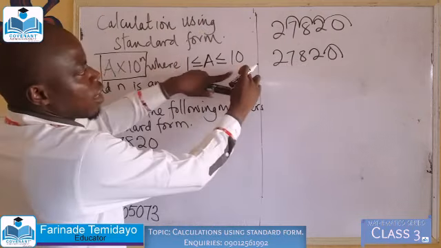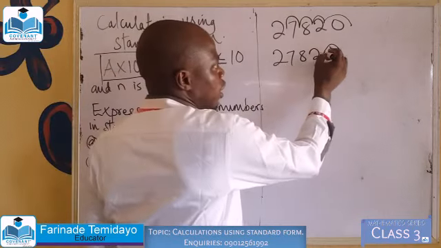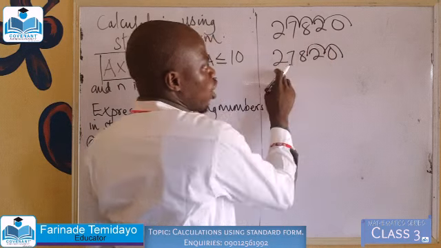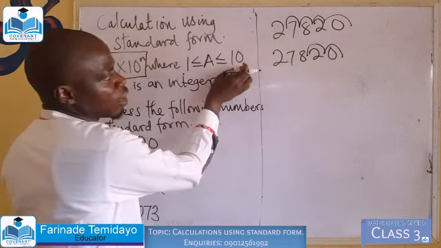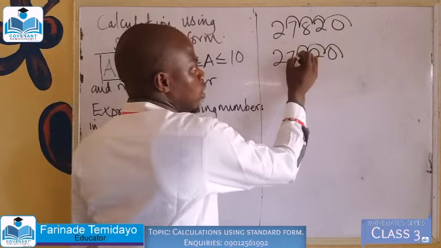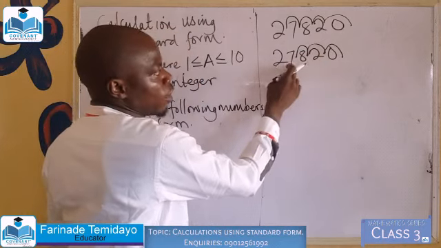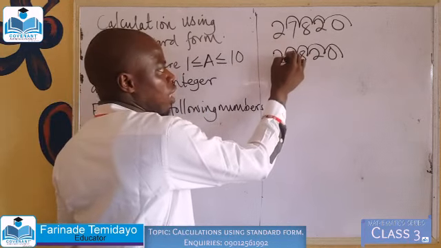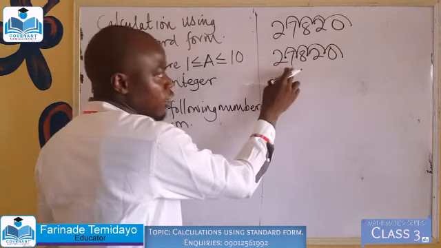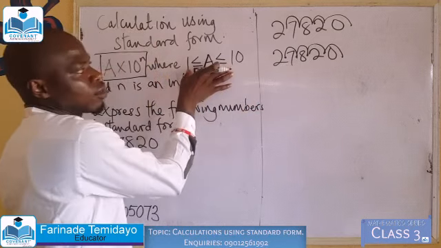It's still far greater than 10. If I move it again, it becomes 278.2, still greater than 10. If I move it again, this is 27.82, still greater than 10. But if I move it to this last point here, this is 2.782, so it's lesser than 10.